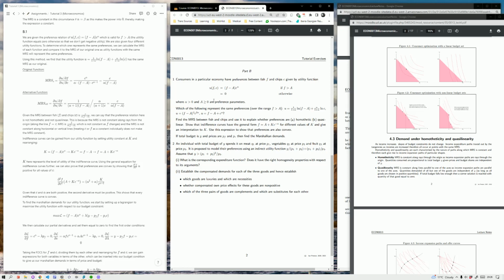Okay, so we're now asked, which of the following represent the same preferences over the range f larger than a? And we're given 3 utility functions. So we're given this first one, this second one, then this third one.